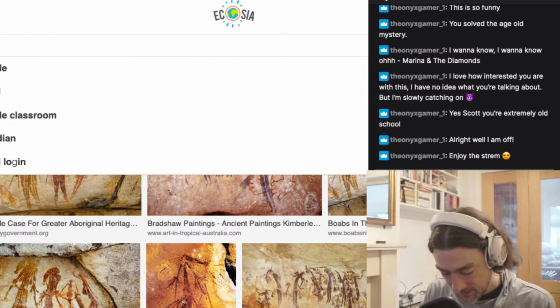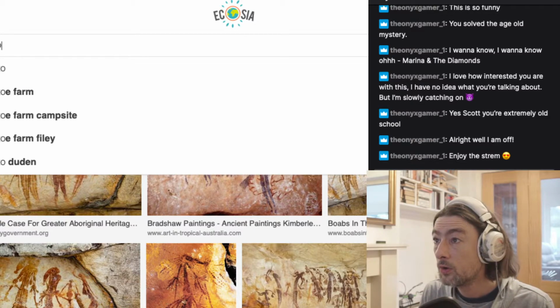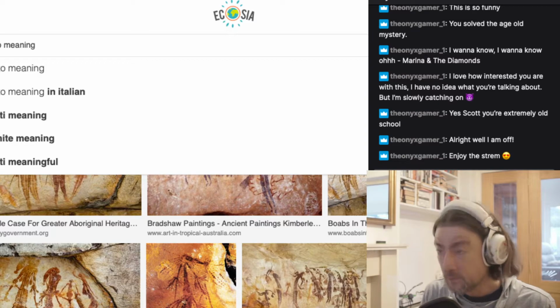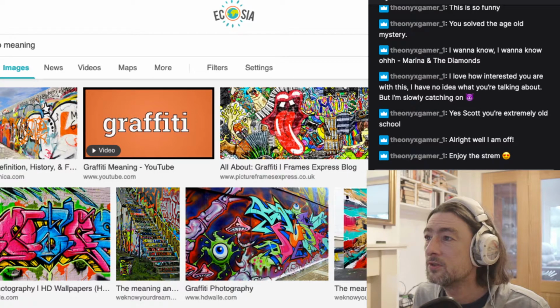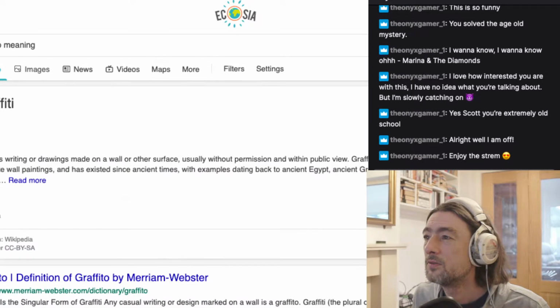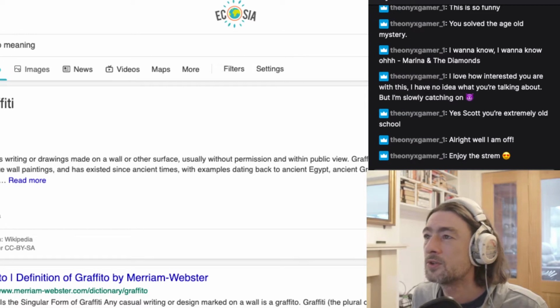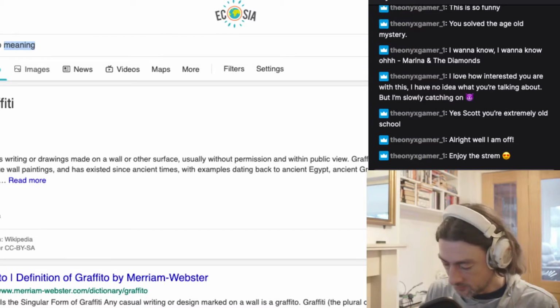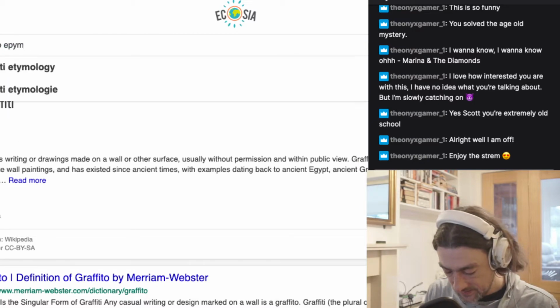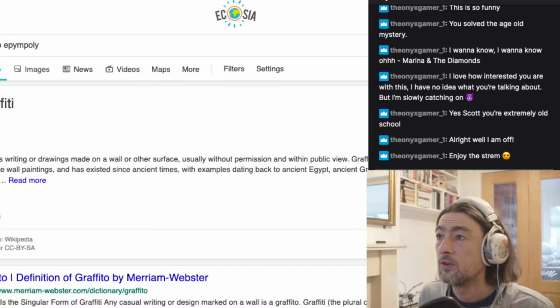So now we've got to find out some other things. We've got to find out graffiti, graffito, meaning, because I think that's the original. We know what graffiti is, but what I want to know is the etymology of the word, don't I?